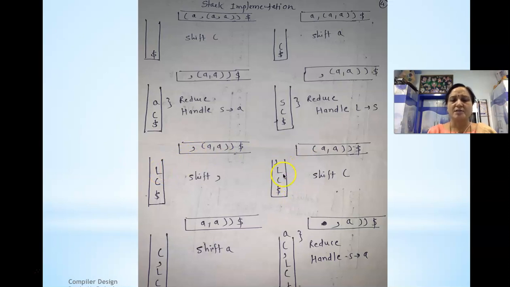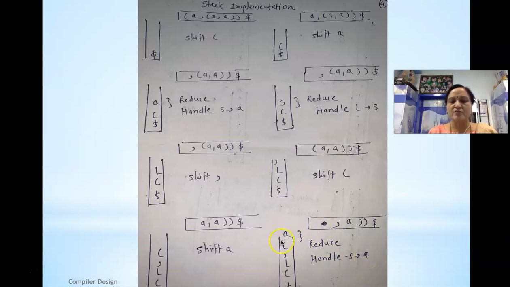Again the top of the stack is not a handle, so the opening bracket has to be shifted onto the stack. Now again the top of the stack is not a handle, so we shift A onto the stack. Now if you see the viable prefixes, the top of the stack is A. A is a handle because we have a production S tends to A in the given grammar.